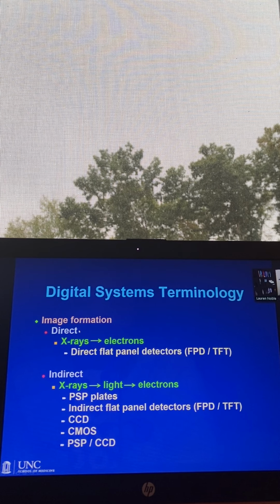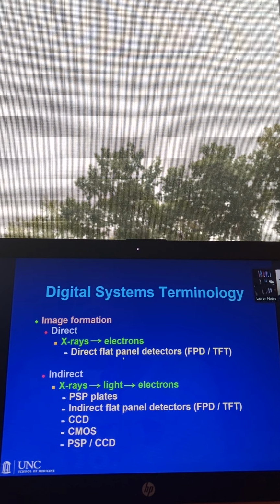If we have image detectors that are referred to as direct, what that means is that detector will take those X-rays and convert them directly to electrons. And the only one that we have that's classified as a direct type of detector is the flat panel detector, but it's called a direct flat panel detector. We'll take a look at this so you'll better understand it.